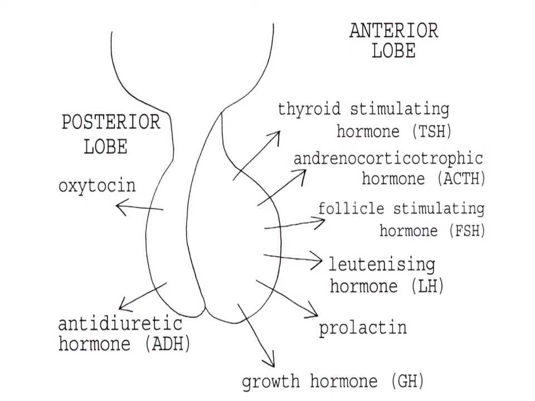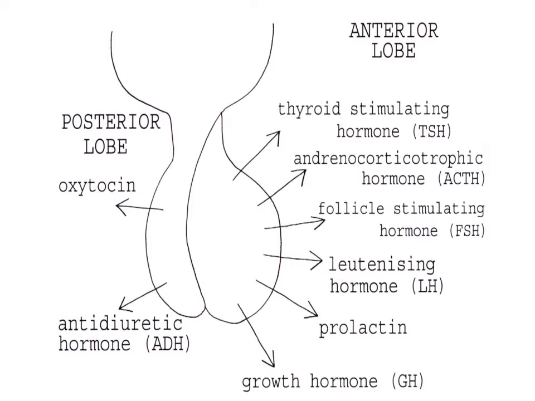So in both cases, oxytocin is working by stimulating smooth muscle contraction. Firstly, in the uterus during delivery, and secondly, in the walls of the milk ducts in suckling during lactation.